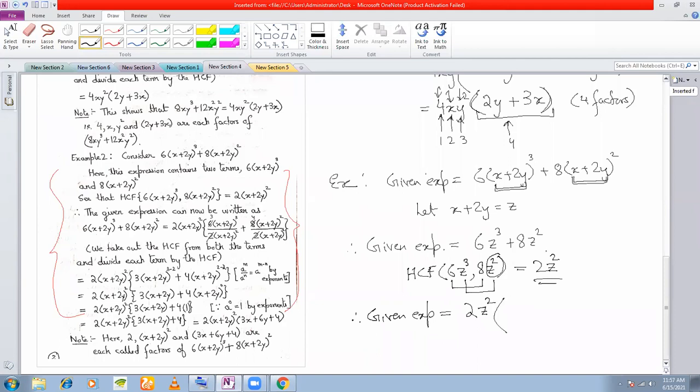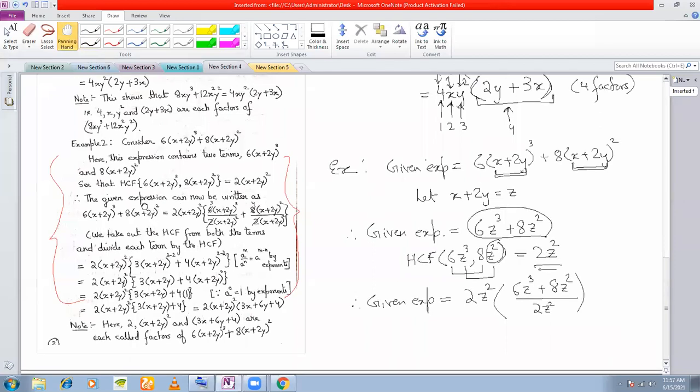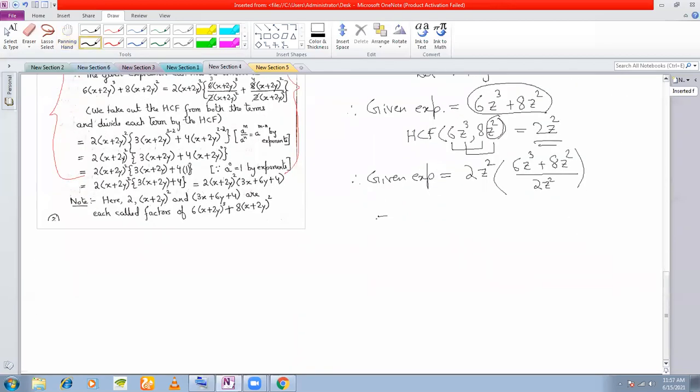Since I'm taking out the HCF from both of these, I'll divide the entire expression by the HCF, right? So now what happens? 2z square, and now you divide as you divide normally your polynomials by a monomial.